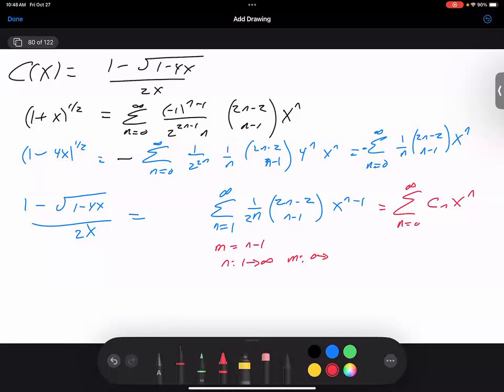0 to infinity. And so then this sum would become the sum, m goes from 0 to infinity, 1 over, now if m is equal to n minus 1, what does n equal? It's m plus 1. So this is going to be 1 over 2 times m plus 1, and 2n minus 2 is just the same as 2m. n minus 1 is the same as m. x to the n minus 1 is just x to the m.